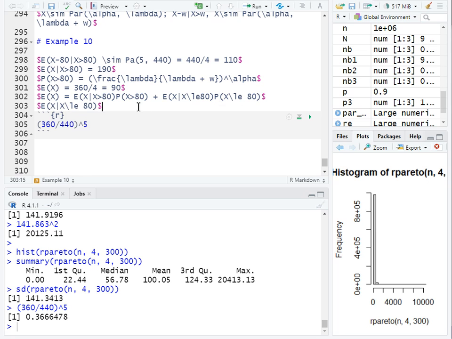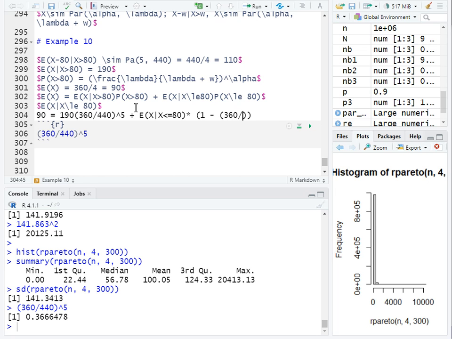Okay, so just carefully place everything that we have. 90 equals 190 times (360/440)^5 plus what we need to find, x less than or equal to 80, times 1 minus (360/440)^5.